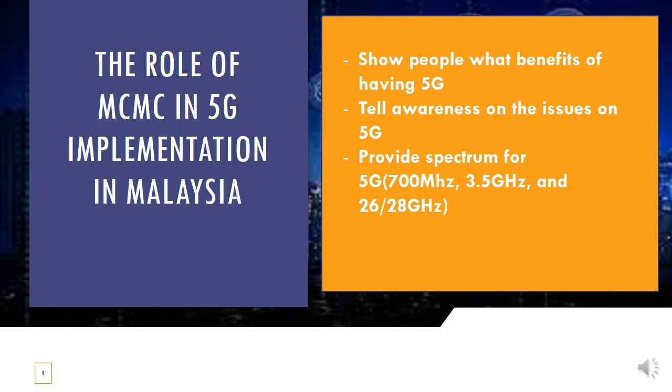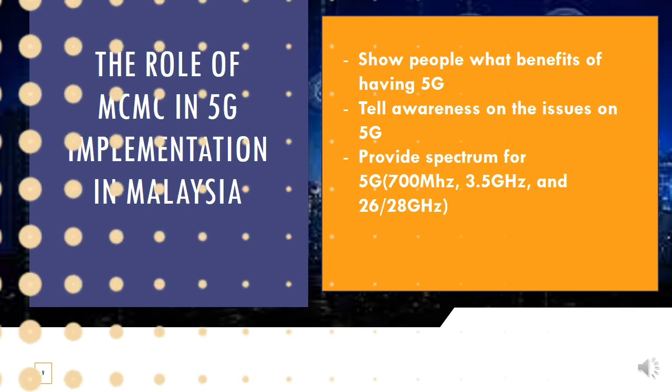The second one is to raise awareness on the issues of 5G. The other role is also to provide spectrum for 5G, and we can see that here, such as 700 megahertz, 3.5 gigahertz, and 26 or 28 gigahertz.